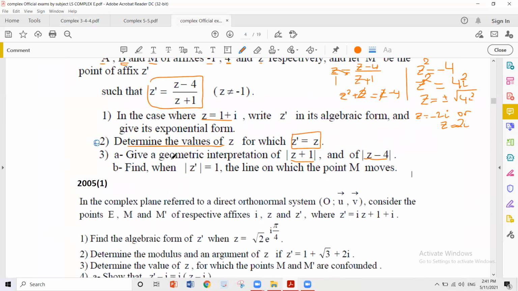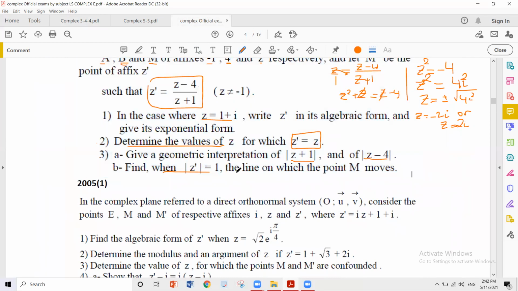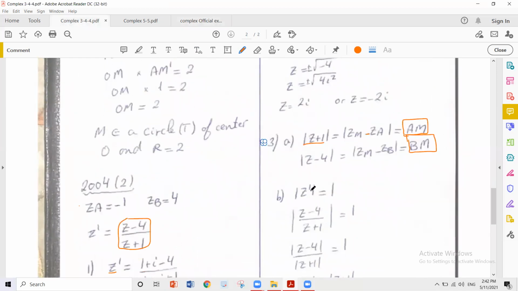The last part. Find, when modulus of Z prime equals 1, the line on which the point M moves. If modulus of Z prime equals 1, it means that modulus of z minus 4 over z plus 1 equals 1.